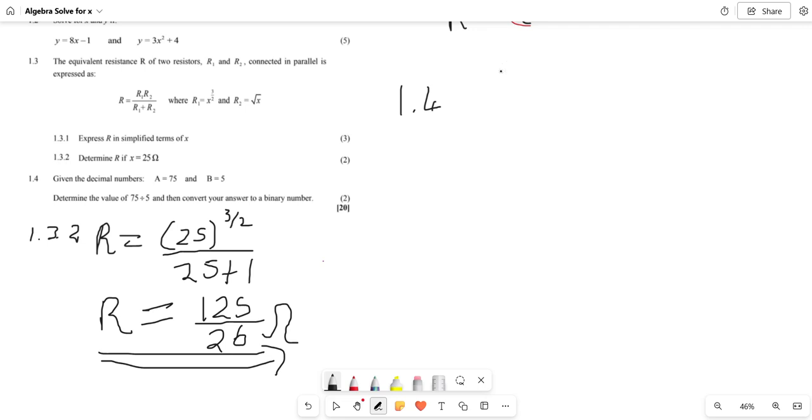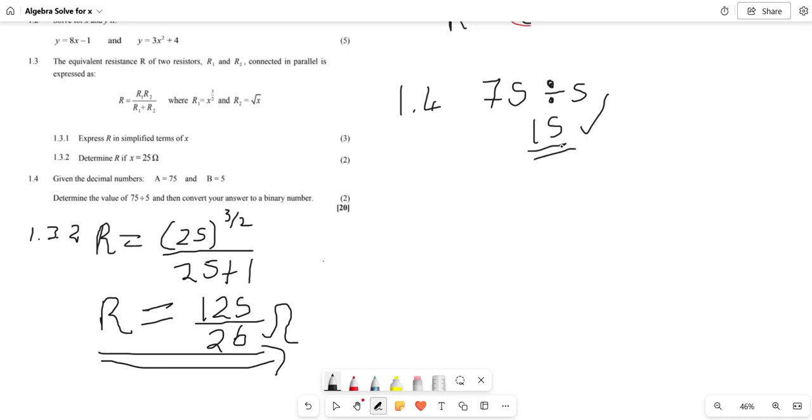We take those numbers as they are, 75 divided by 5. Then we use our calculator to say 75 divided by 5. The answer that we have here is 15. 1 mark for 15.